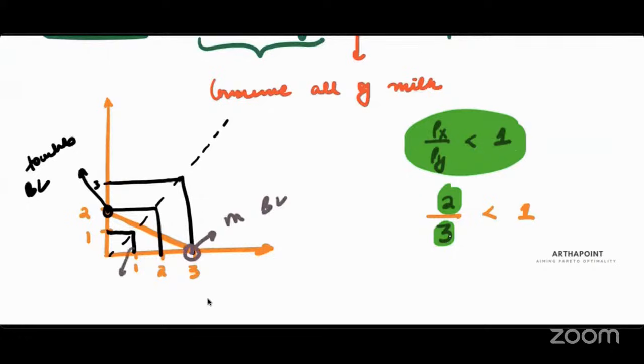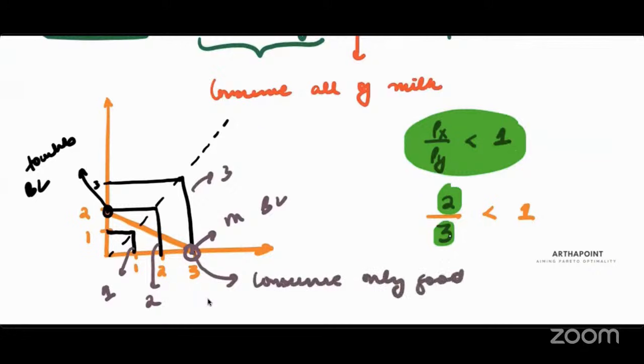This was giving me a utility of 1. This gave me a utility of 2. This gave me a utility of 3. So I'm on a higher indifference curve. And to reach this indifference curve, where am I? I am on a point where I consume only good X and 0 units of good Y. So that becomes my equilibrium.